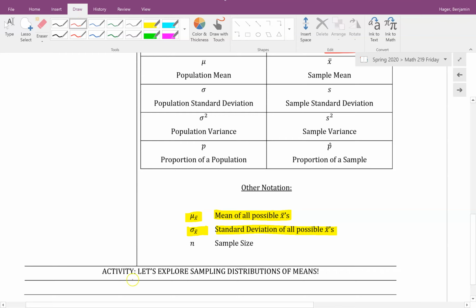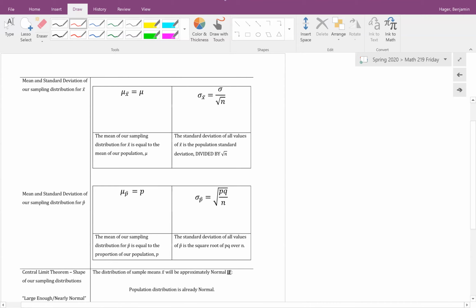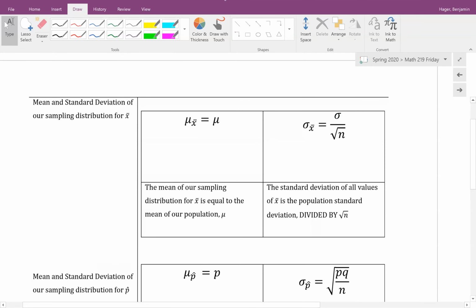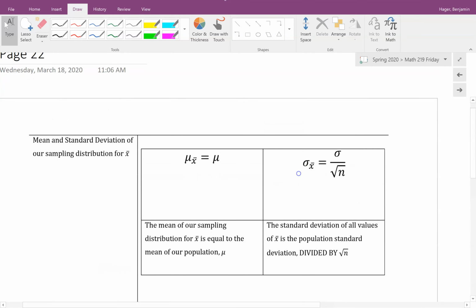Okay, so let's talk about a sampling distribution of means. First of all, hold on, let me just get a little picture up here again. We had something very right skewed. That was our population.